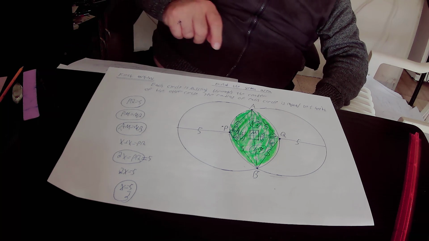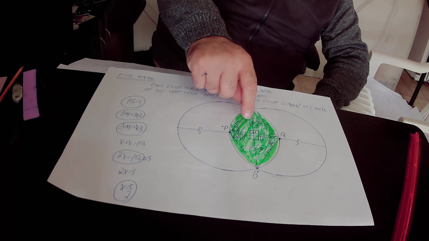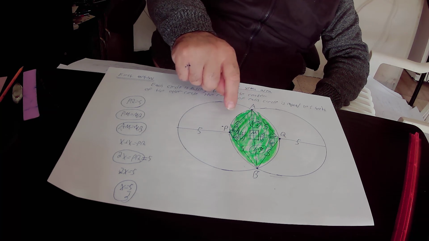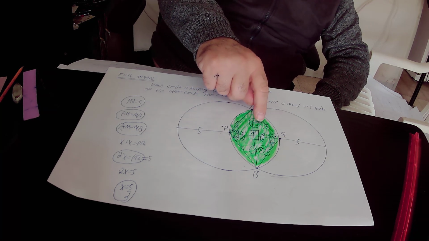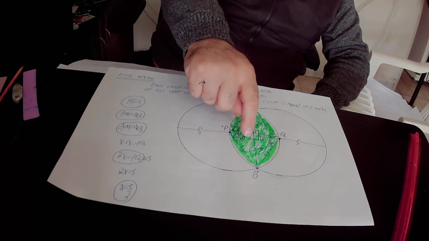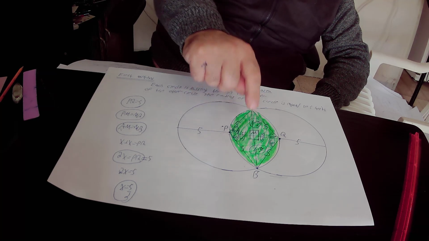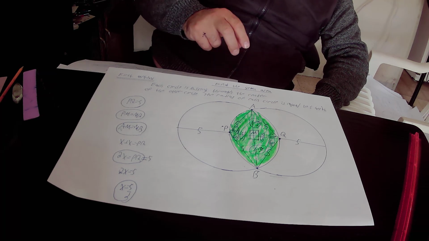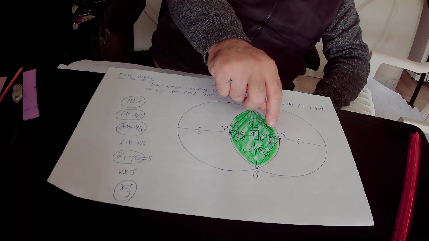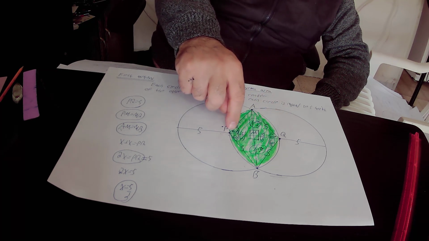Then we focus on those four right triangles: the right triangle PAM, the right triangle AQM, the right triangle BQM, and the right triangle PMB. On those four right triangles, we have four angles, 1, 2, 3, 4.